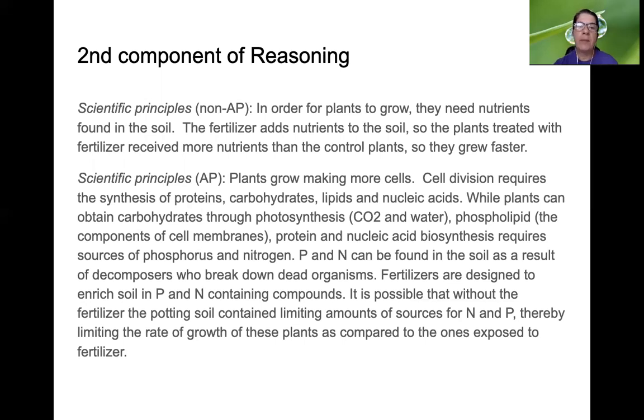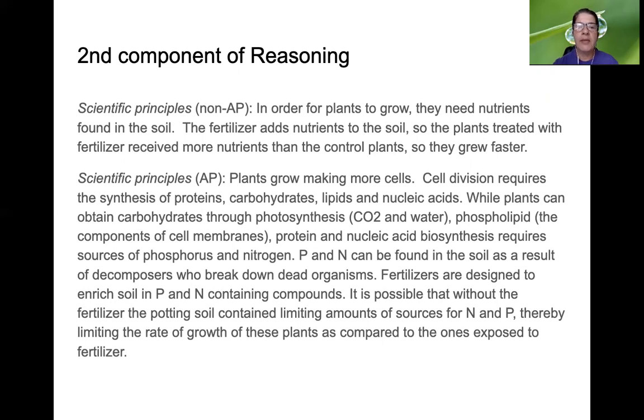Now, if you're an AP student, you might want to be a little more detailed. You may want to say, well, plants grow by making more cells. Cell division requires the synthesis of proteins, carbohydrates, lipids, and nucleic acids, such as DNA and RNA.